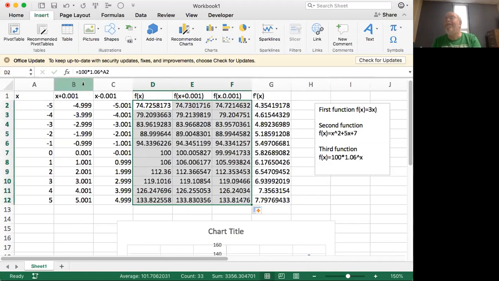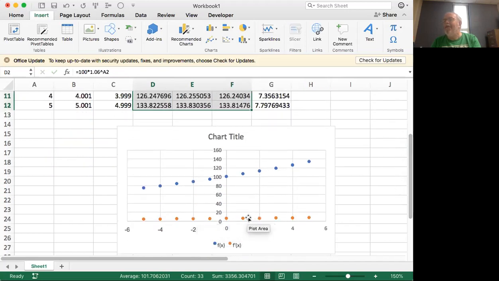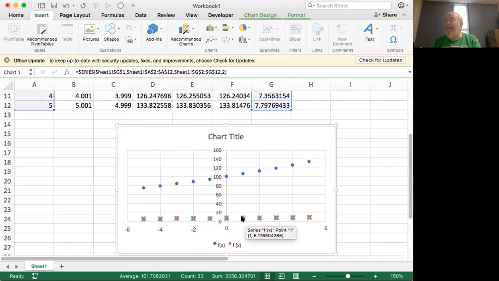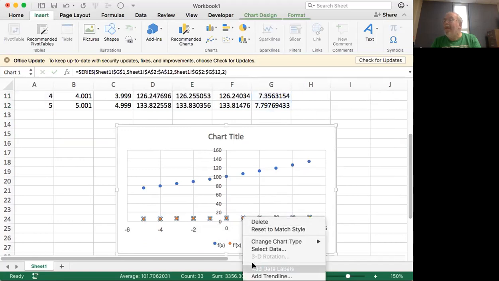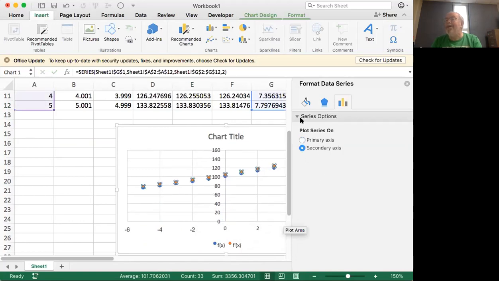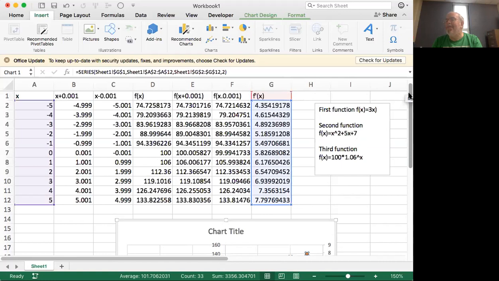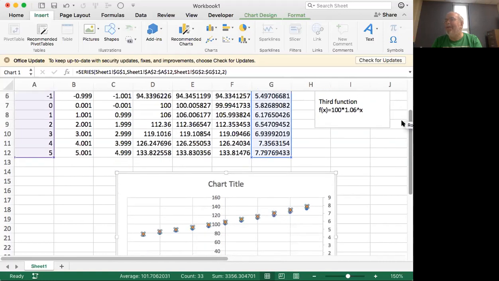And after I've done quick filling, I again get the derivative computed for me numerically. And when I look at my chart, these are simply multiples of each other. If I format the data series and put one of them on a secondary axis, we see that they're perfectly scaled from each other because the derivative of an exponential function is a multiple times that exponential function.